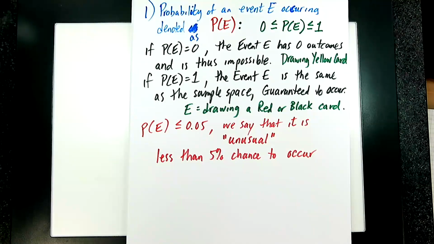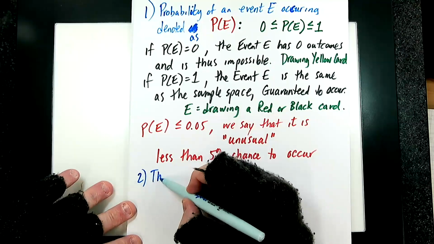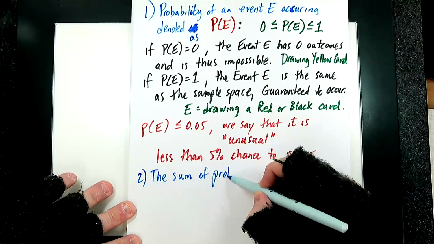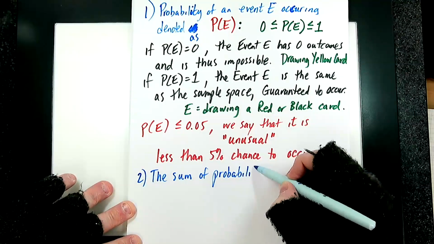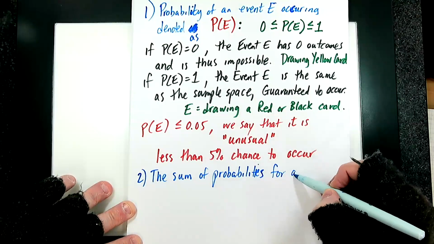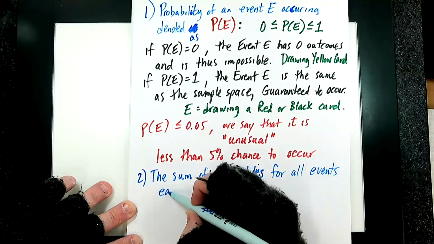Normally I do number 2 right away, but I thought maybe I should just populate that with some information. Two, the sum of probabilities for all events equals 1.